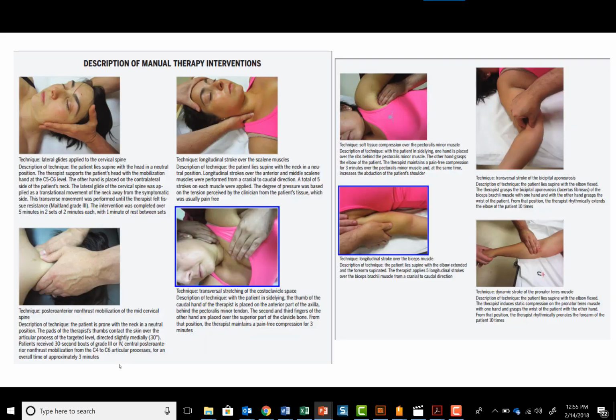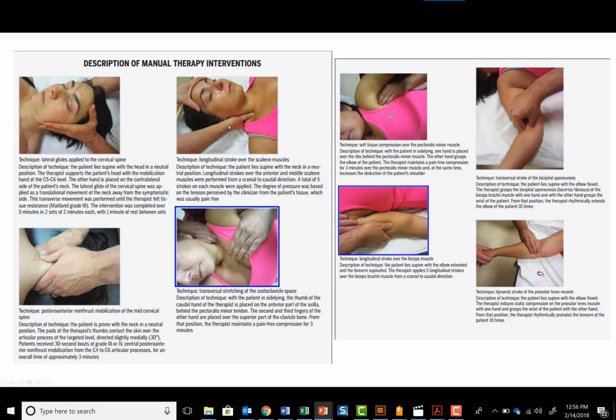This was an RCT. So what did they do in this study? Well, they did a lot of manual therapy, and they didn't just do it at the wrist and hand. They did it the whole way of the nerve, that whole median nerve, which comes out of the neck. So we have up in the upper left corner, they did cervical mobilizations, which we'll talk about in musculoskeletal too.